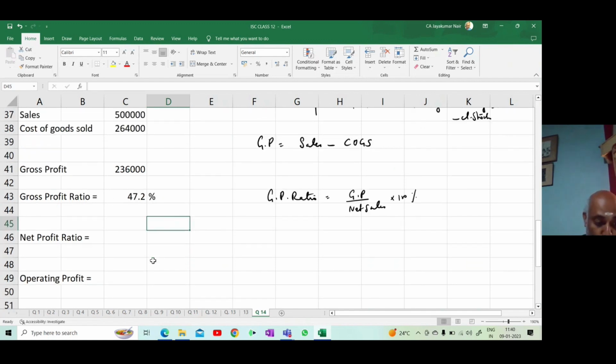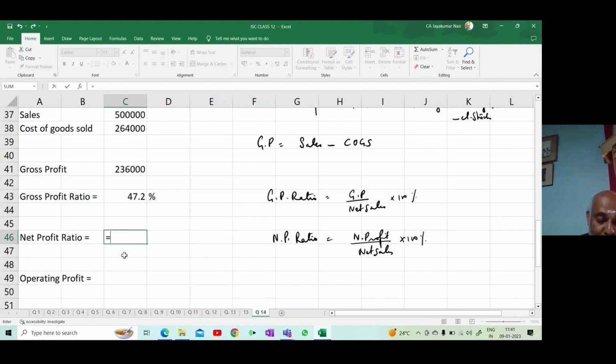So we have to find out what is net profit ratio. Net profit is given to you. What is your net profit? Net profit is 1,26,000. So net profit ratio is net profit divided by net sales into 100%.